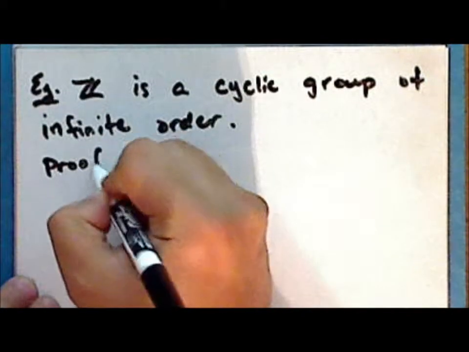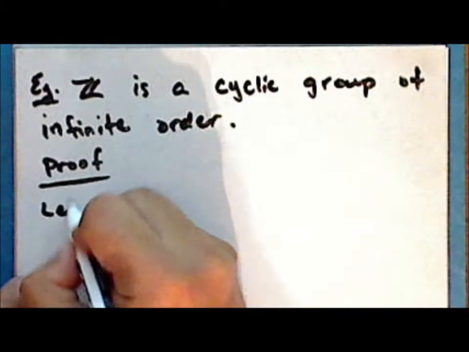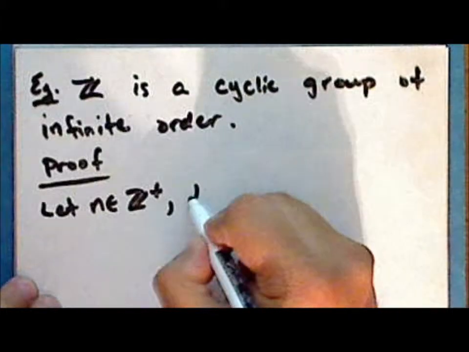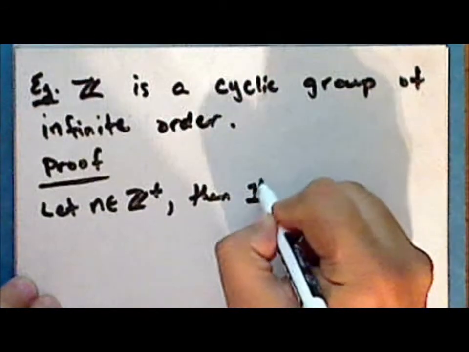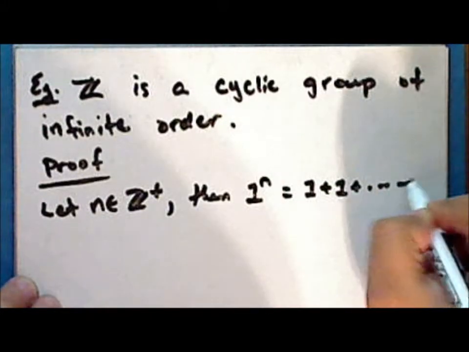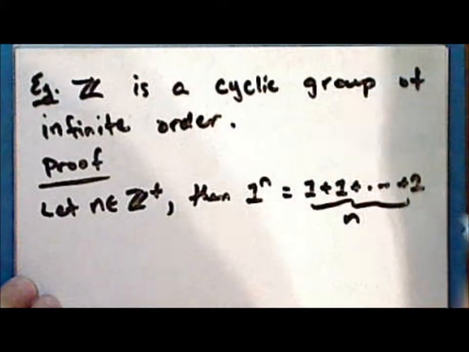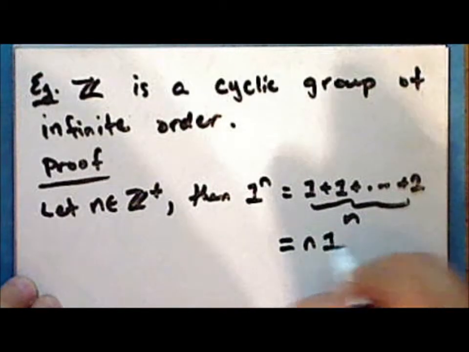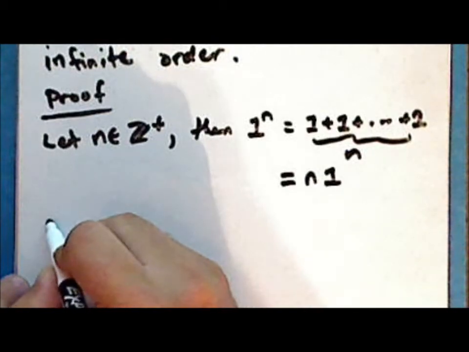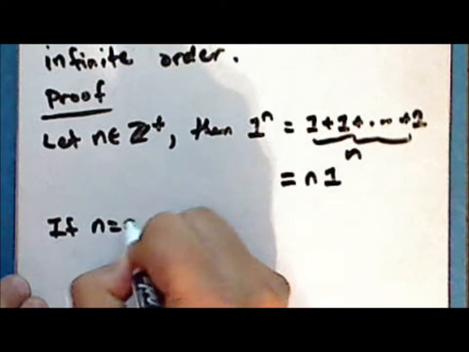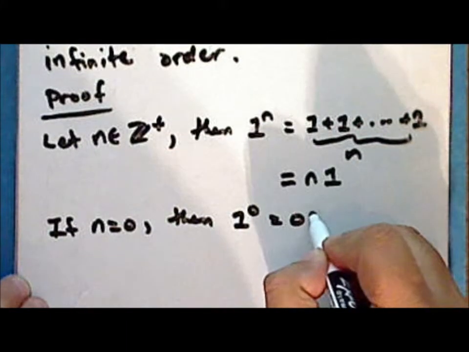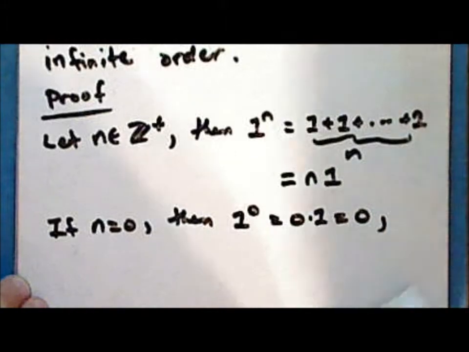So proof, let n be a positive integer, then 1 to the power of n is equal to 1 plus 1 plus and so on, so that there are n factors, and this is simply n times 1. If n is 0, then 1 to the 0 power is 0 times 1, which is 0.